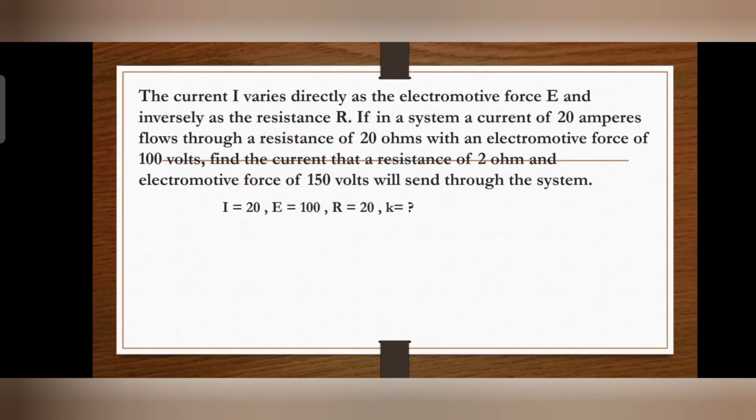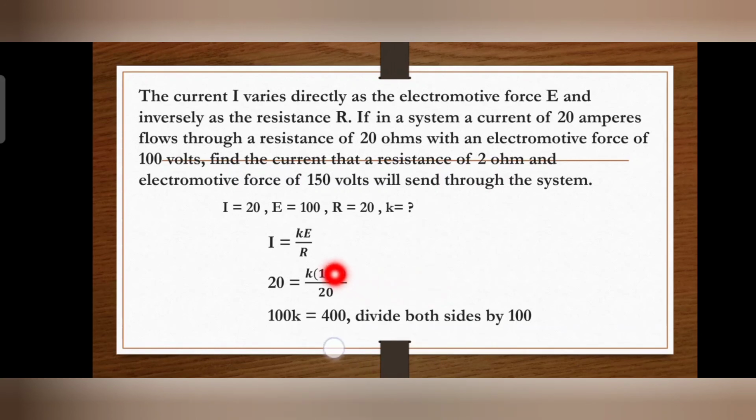First is, we are going to find the value of K. So, ang equation natin is I, the current I is equal to varies directly as the electromotive force E. So, K times E, and inversely, it means divide na siya, inversely as the resistance R, so divided by R. Next is, we are going to substitute lang the values of I, E, and R dito sa equation para makuha natin yung value ng K. So, ang I natin is 20 is equal to K, E natin is 100, then R is 20.